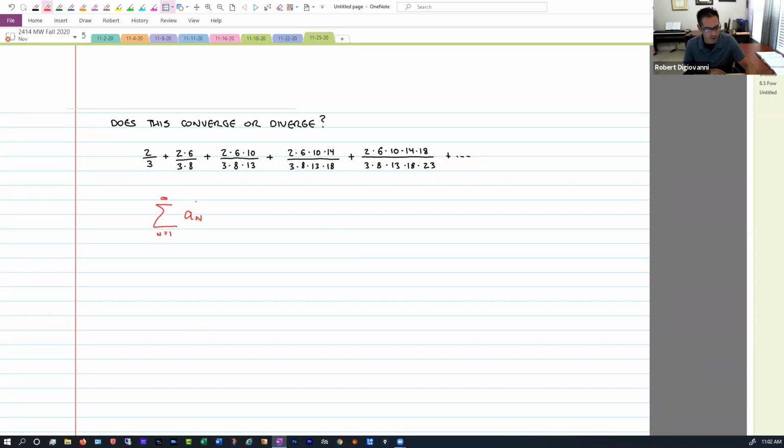Hopefully you can see that if you look at the numerators, you start with 2, then it's 2 times 6, where 6 is 4 more than 2, right? And then you have 2 times 6, and now if you add 4 to 6, you've got the 10, and the next one is 2, 6, 10, you add 4, you get 14. So it looks like each one of the numerator factors is jumping by 4 each time, right?